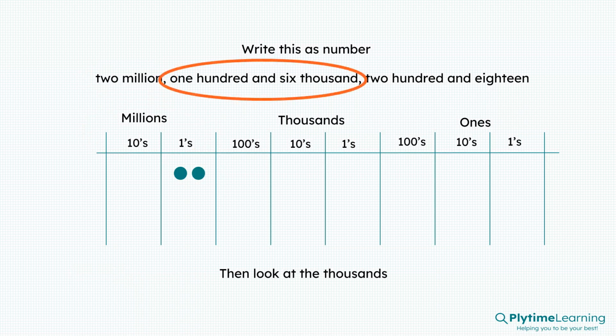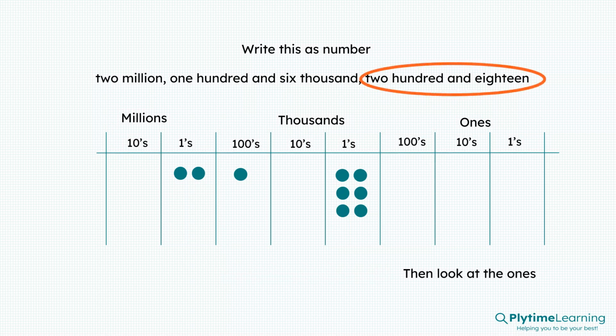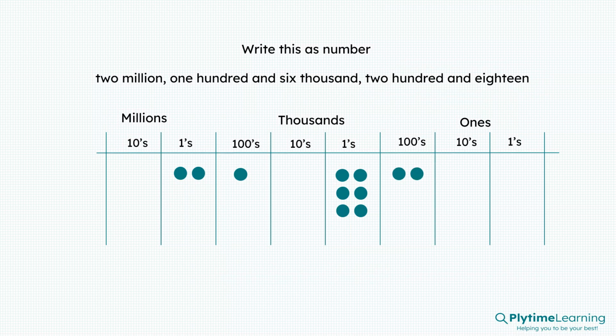It says we have 106,000, so we have 1 in the 100,000 column, and we have 6 in the 1,000 column. Then we look at the ones. We have 218, so we have 2 in the hundreds column, and 18 is the same as 1 in the tens, and 8 in the ones.